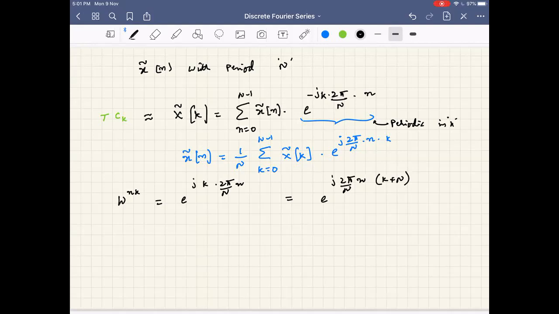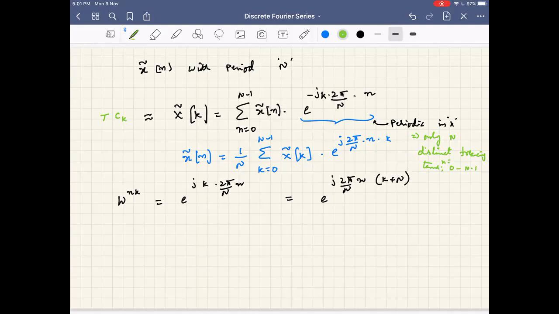This implies there are only N, including 0, distinct frequency terms, k ranging from 0 to N minus 1. Those are only considered for synthesizing x tilde of n, right?